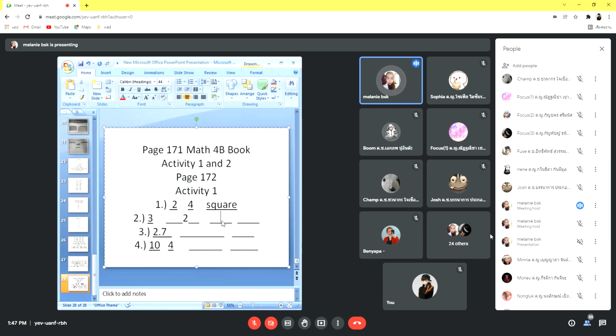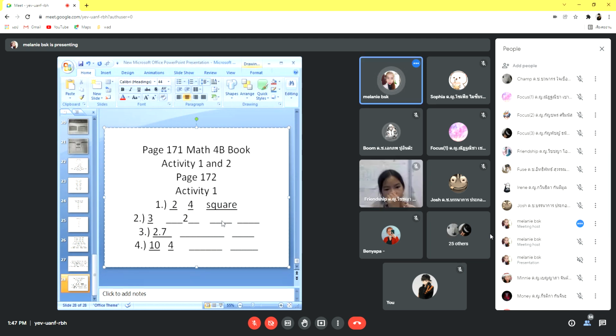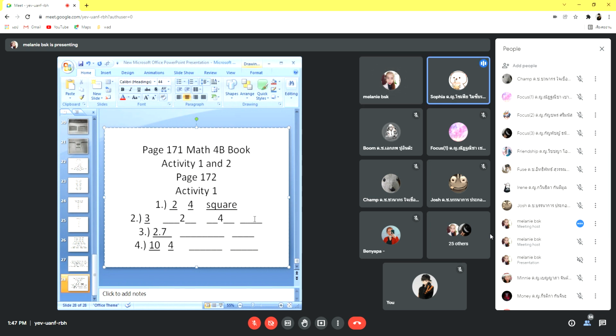No one is answering me. Sophia. 4 right angles. So there are 4 right angles. Next, figure 2 is a square or rectangle. What is the shape of number 2? A rectangle. A rectangle, great job.